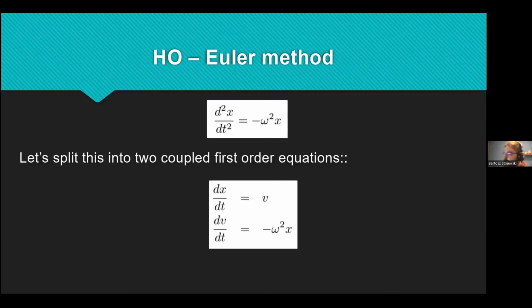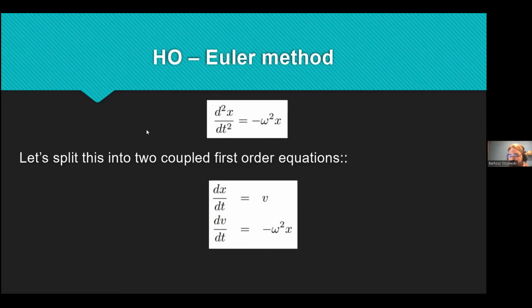But what if we don't want analytical solutions, but numerical solutions? One of the simplest solutions is to use the Euler method for the harmonic oscillator. Here we have the differential equation of a simple harmonic oscillator as shown on the previous slides.